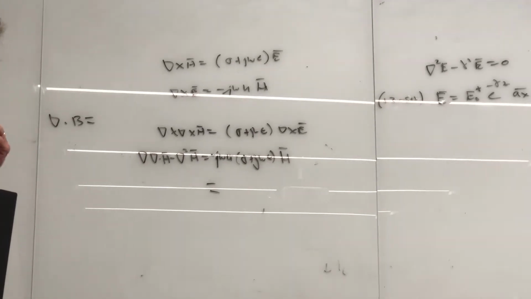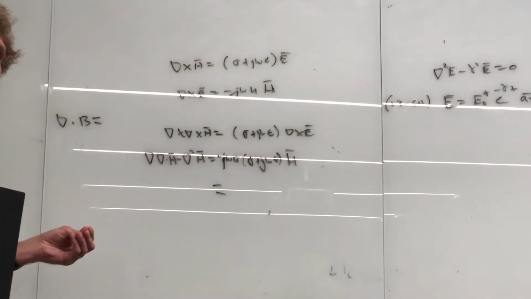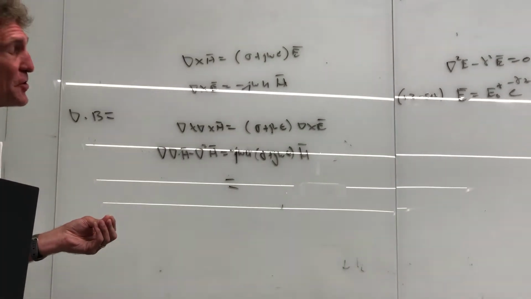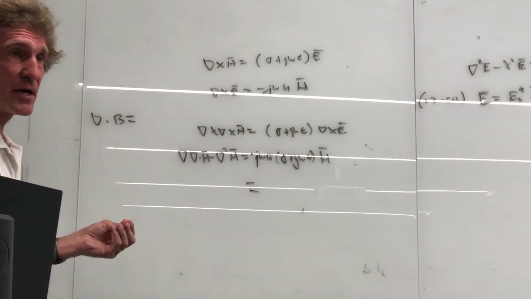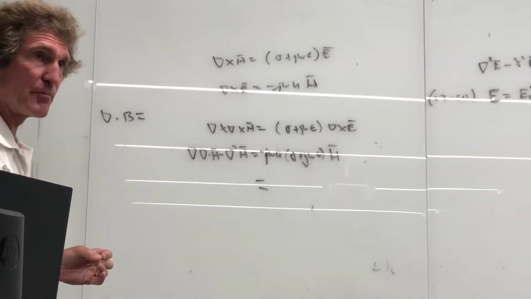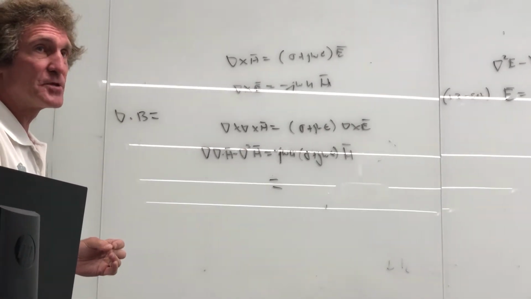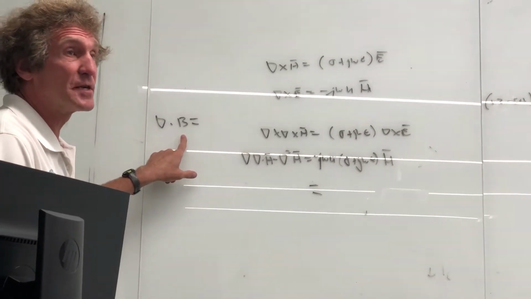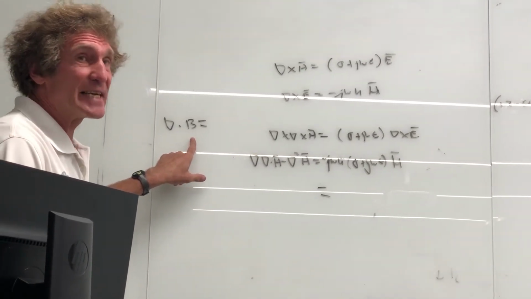What is the divergence of B equal to, and why? 0. It's 0, but why? You're right. There is no magnetic charge. There's no magnetic monopole, single pieces of magnetic positive charge. So the divergence of B is 0. Because B is equal to mu H, and mu is a constant, the divergence of H necessarily is 0.